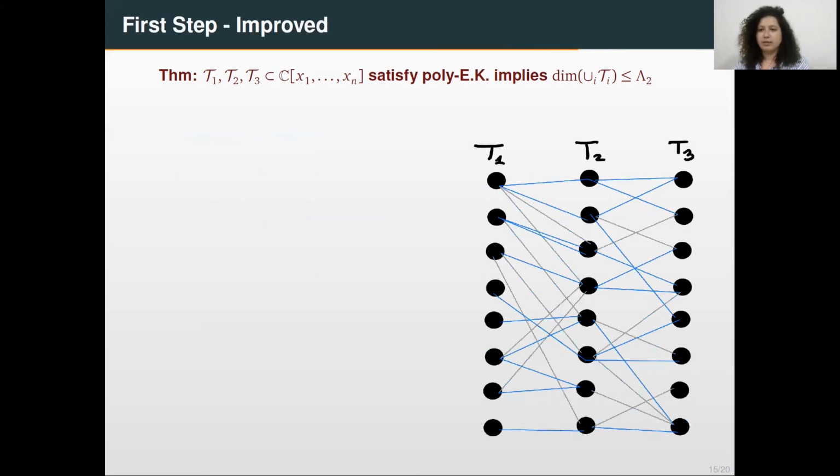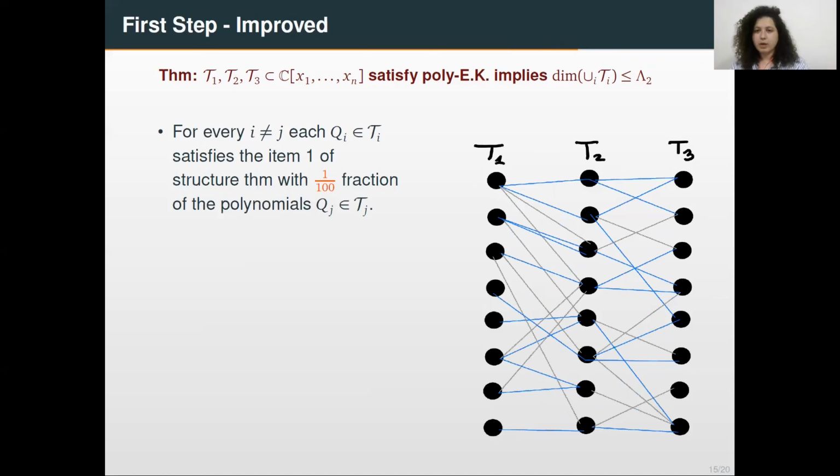Now let's assume something a little bit looser. So instead of having all the edges in the graph blue, we assume that every polynomial has 1% of the edges that go through it blue.